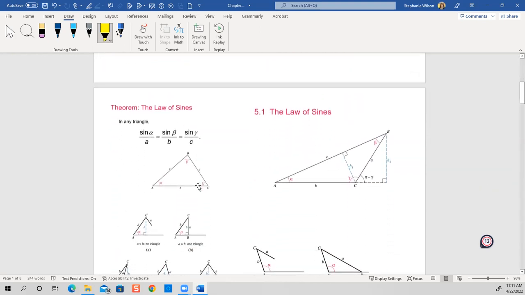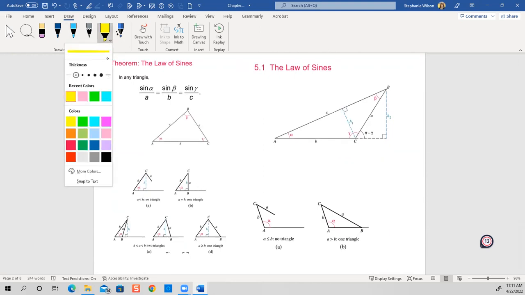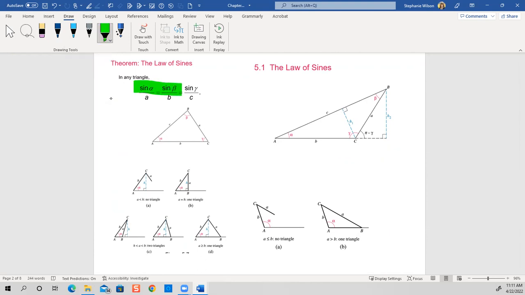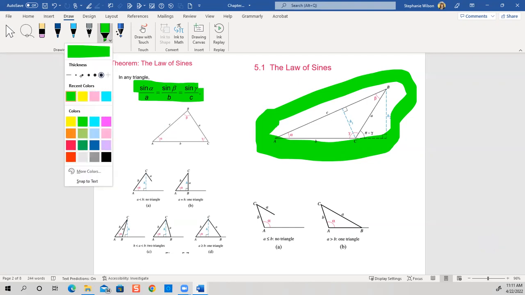The next one says, let's talk about the theorem of law of sines. I would definitely have this written down somewhere. Here's that diagram, which has three triangles, and on these three triangles, it's showing you how to label.